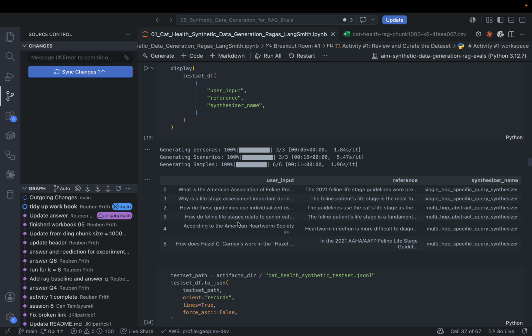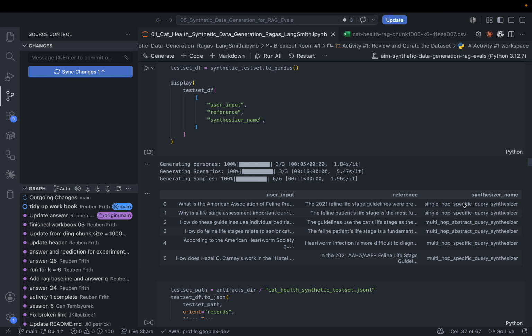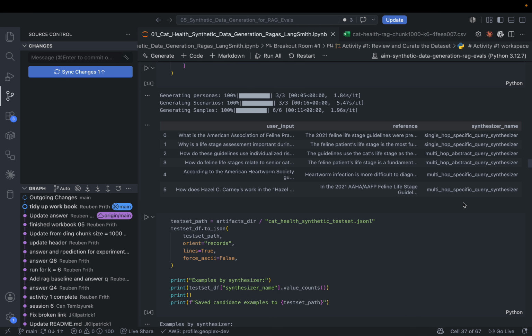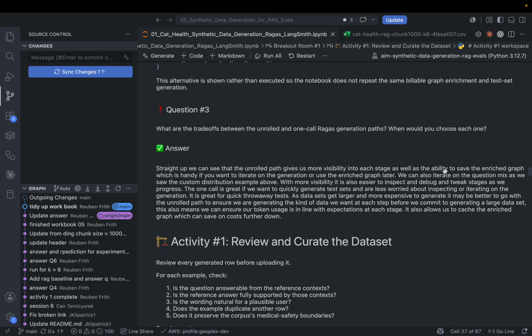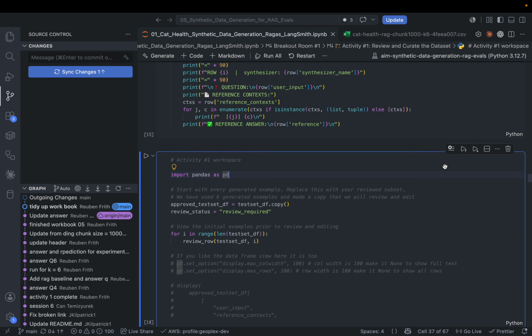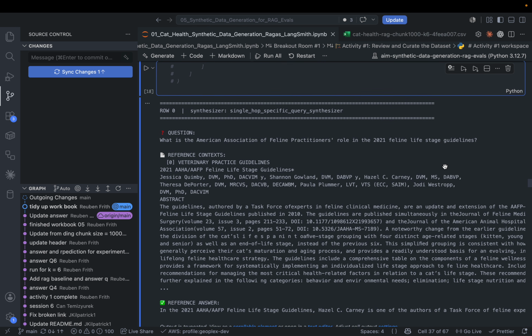And here you can see the input question that was generated, references, and then the synthesizer name, so whether it's single, multi-hop, abstract, specific, and then also the answers that would be generated. I'll just scroll through here. Yeah, this is a good view.